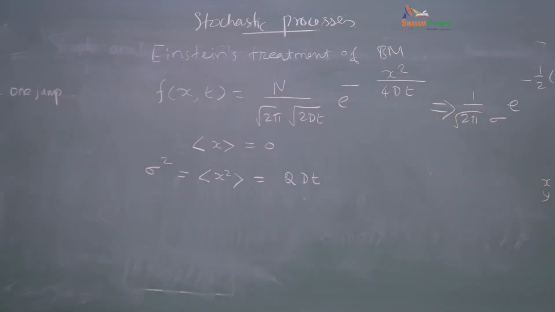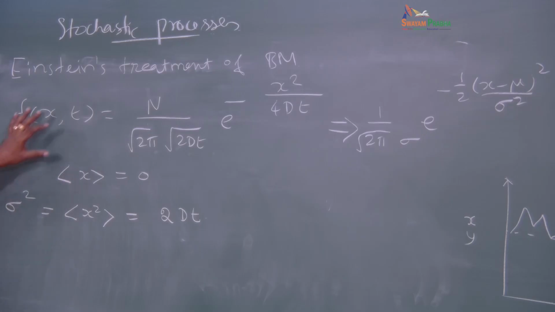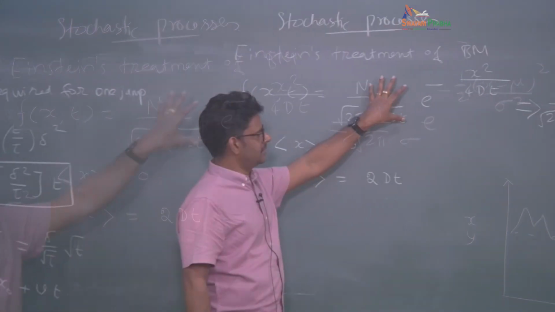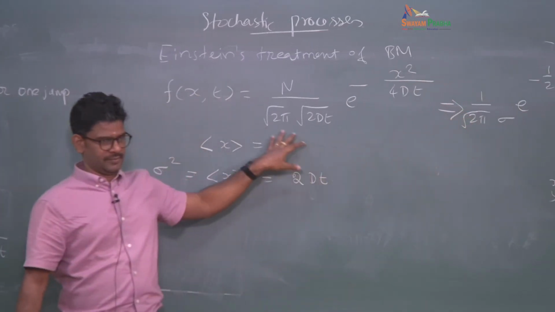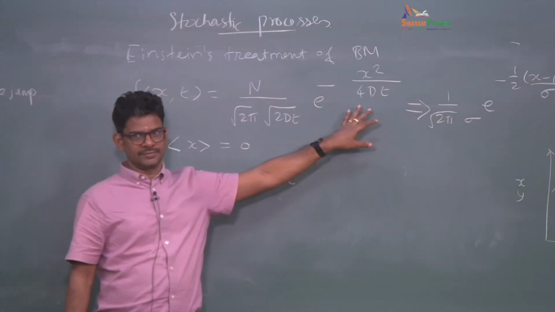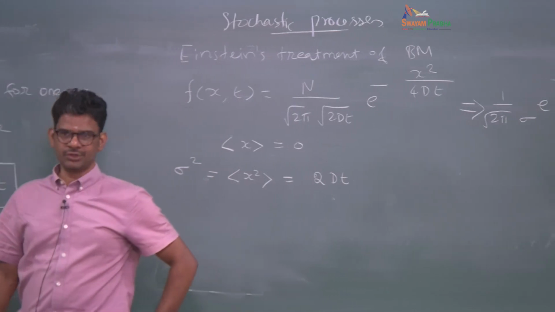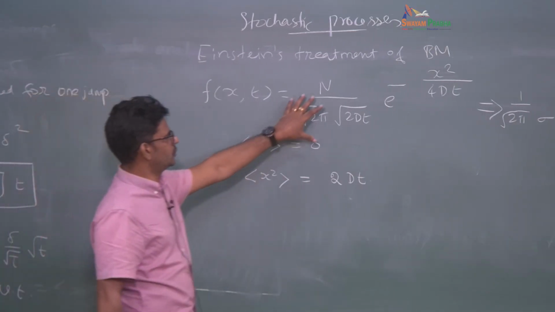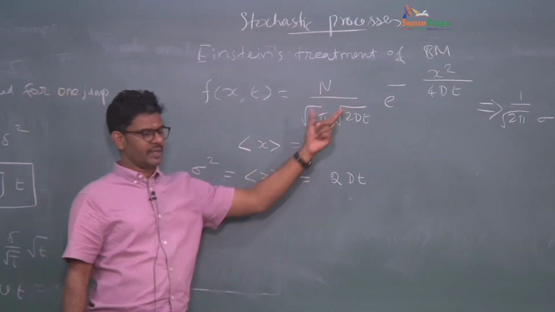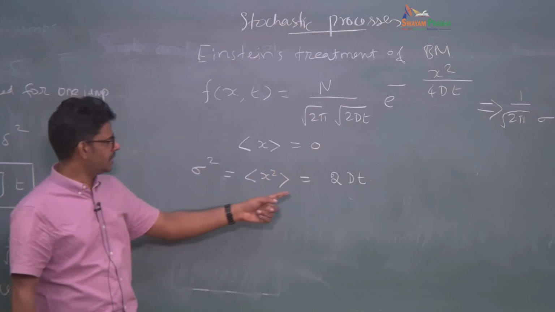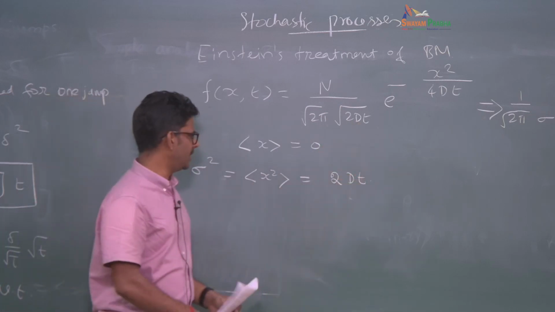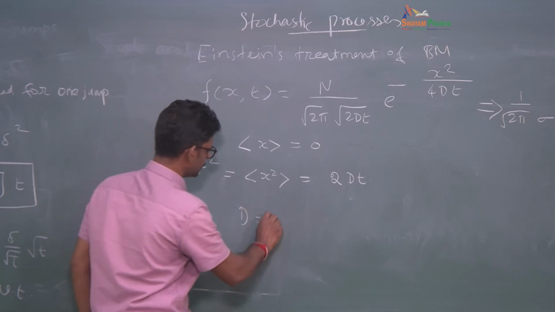So what Einstein derived was the probability of finding a particle at a position x and time t, and he showed that this is basically a normal random variable, or a Gaussian distribution, and this Gaussian distribution has a characteristic of mean 0 and the variance, or the mean square, as 2Dt, where D here is the diffusion coefficient.